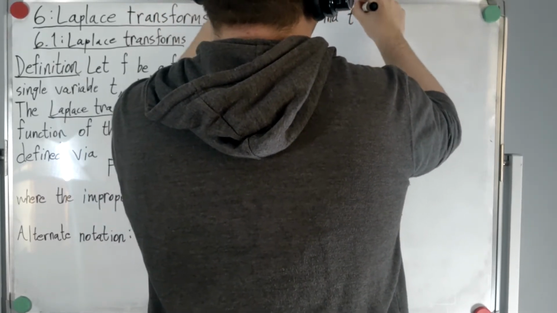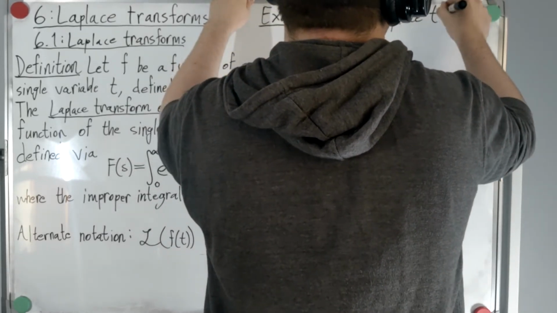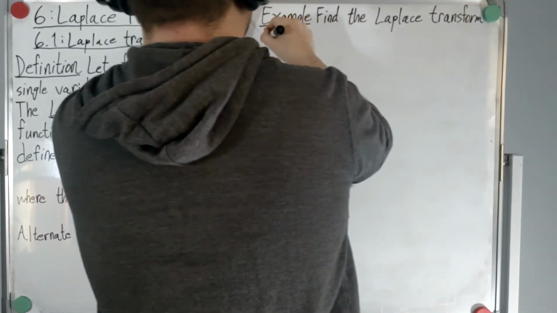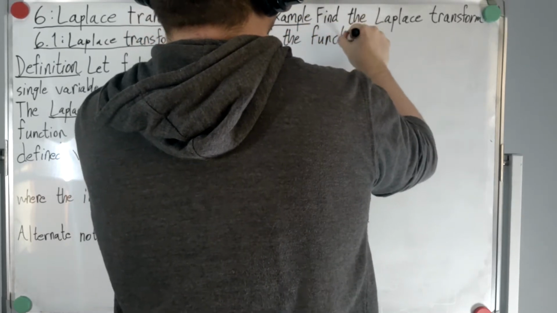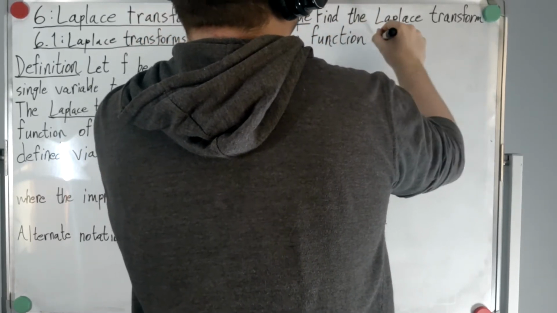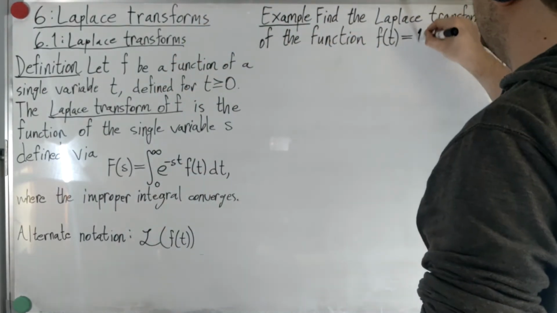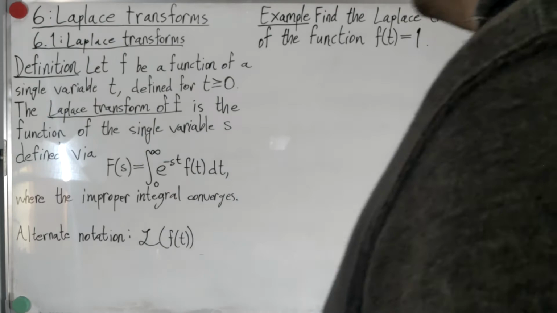Find the Laplace transform of the function f of t equals 1. We'll start with a simple example. Okay, so let's think about that for a second.